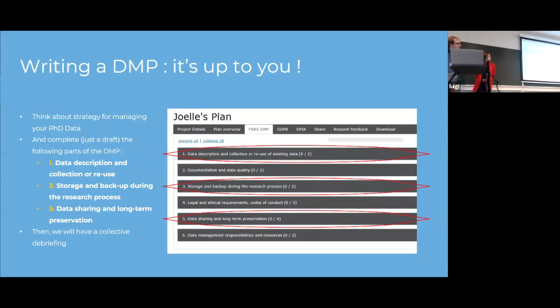Once you are on the DMP template, you have the project details, the plan overview, and then when you are here on the FNRS DMP, we suggest you think about a strategy for managing your PhD or other research data, and realize a draft of the following parts of the DMP: data description and collection or reuse, data storage and backup during the project, and data sharing and long-term preservation.